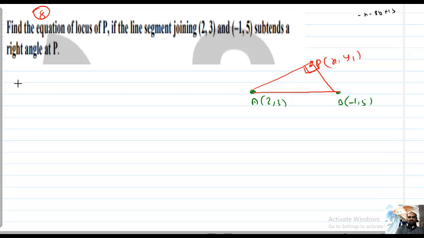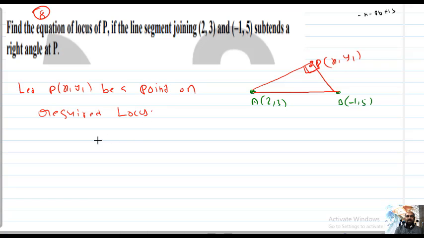Okay, so let P(x1, y1) be a point on the required locus. What is the condition? PA is perpendicular to PB. Several ways you can solve the problem.